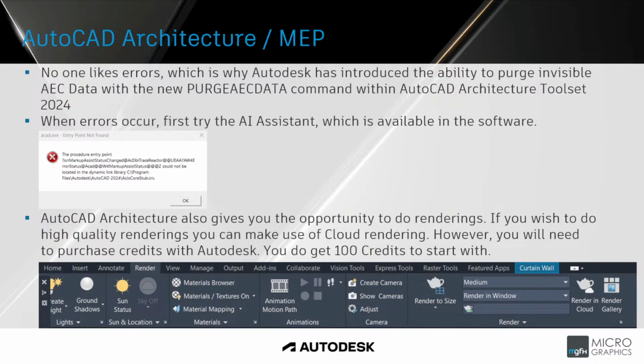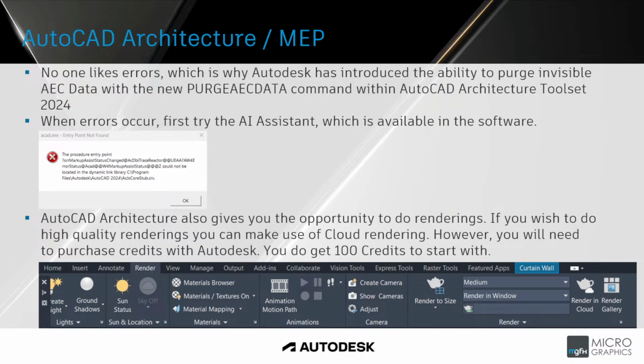No one likes errors, which is why Autodesk has introduced the ability to purge invisible AEC data with the new Purge AEC Data command within AutoCAD Architecture Toolset 2024. When errors occur, first try the AI assistant, which is available in the software.